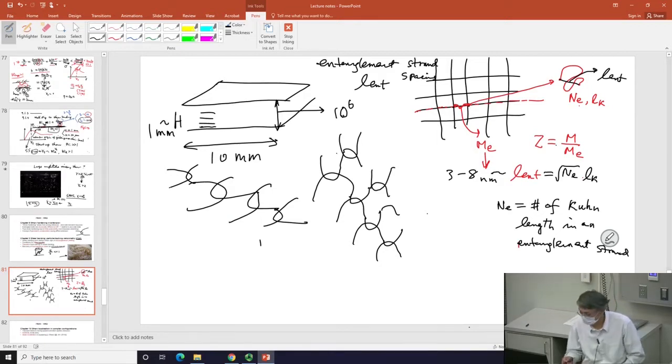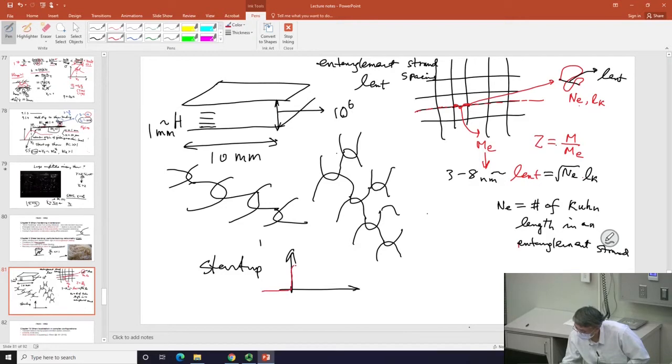And keep in mind when you do startup, all of a sudden your strain builds up. And let's say this is the time for the chain to relax, tau. Of course, it can build up quite a bit within tau. How much can it build? Well, it can build Wi amount, by definition.